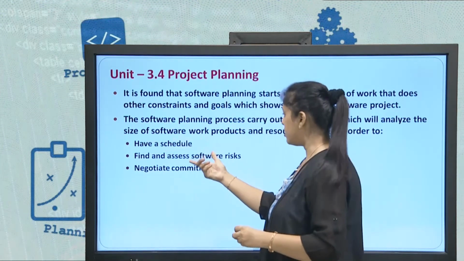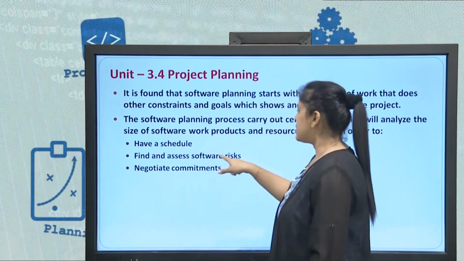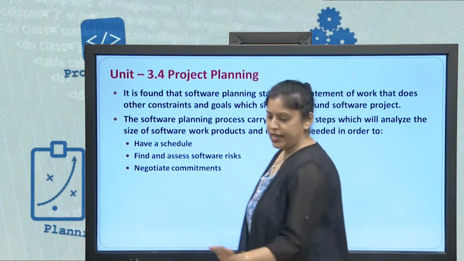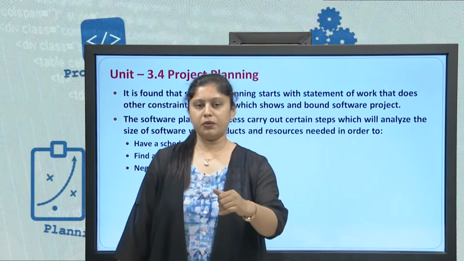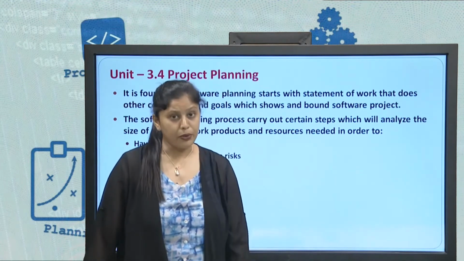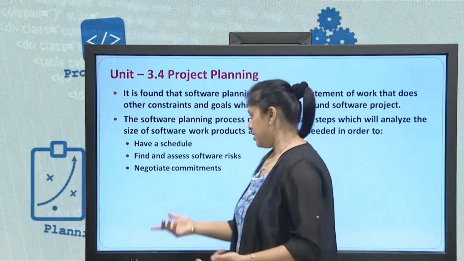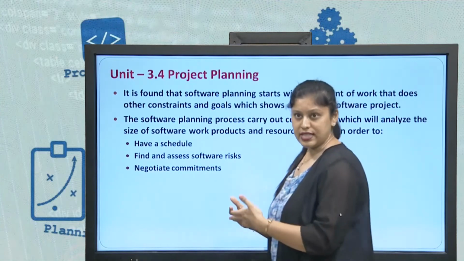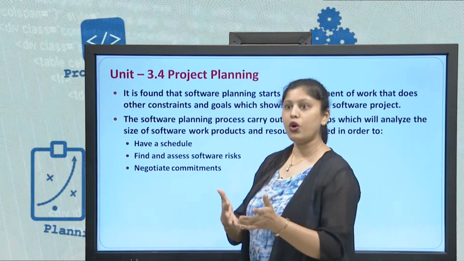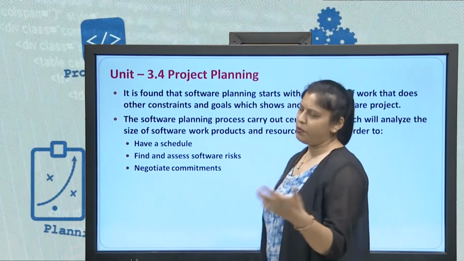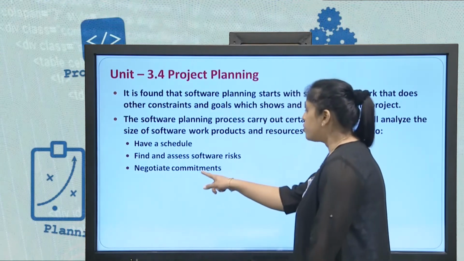In order to plan out my schedule that I mentioned in the previous slide, we need to remember the size of the software, then find and assess my software risks. Any risk associated with the software that I am going to build should be found and assessed thoroughly, so that the risk gets avoided or prevented. Then negotiate commitments.